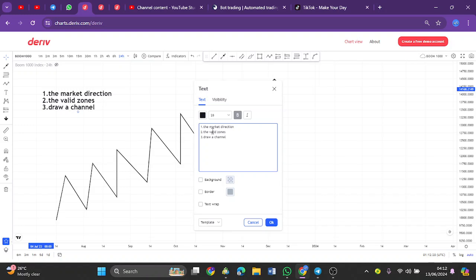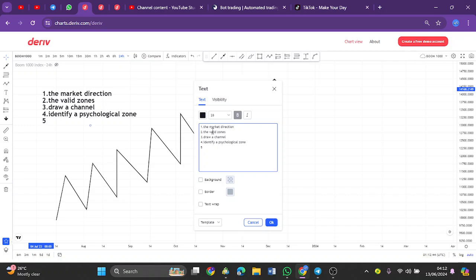Number four, you should identify a psychological zone or psychological level where the market will react from.